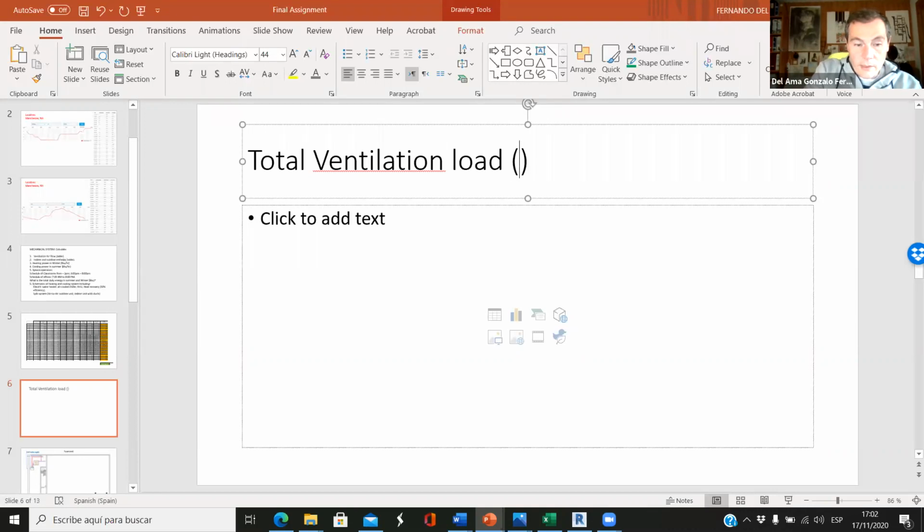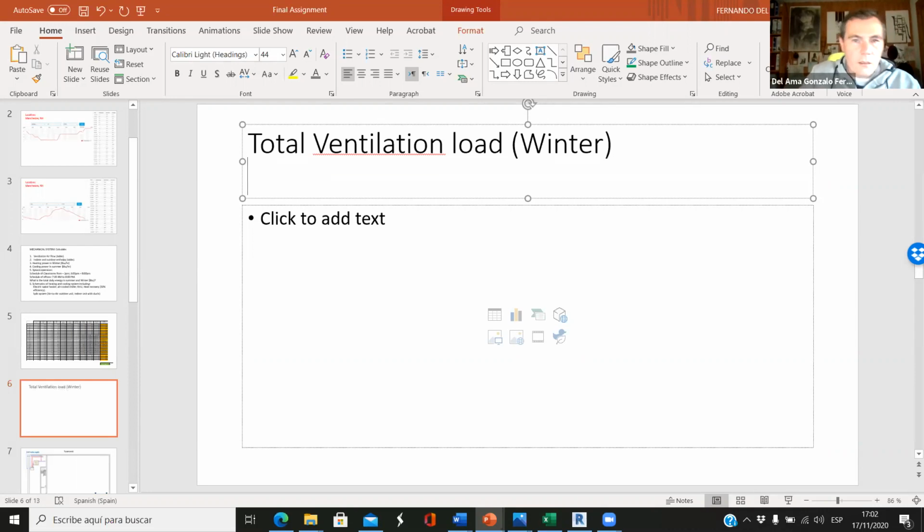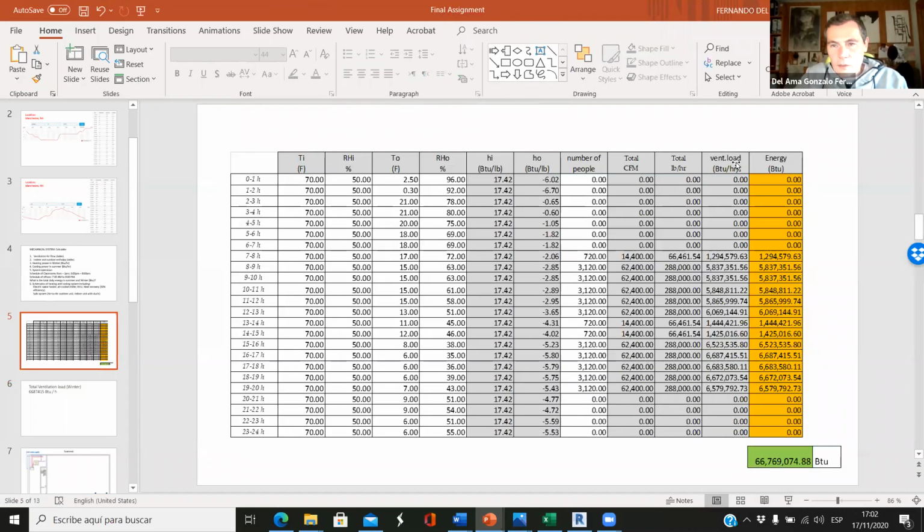Total ventilation load in winter, then you have to do the same for summer, will be 6,687,415 units BTU divided by hour, because the ventilation load, the energy, it's BTU, but the ventilation load, it's BTU hour.